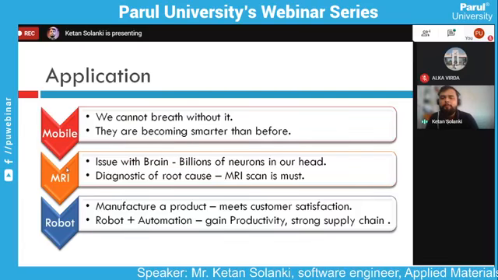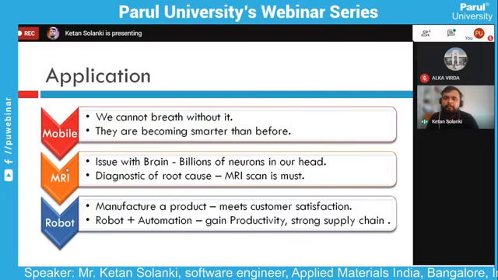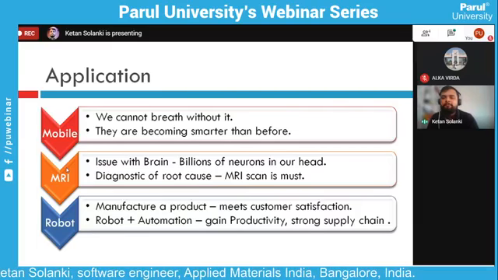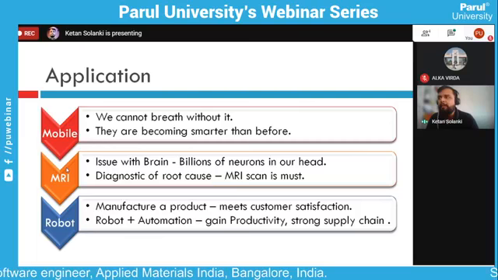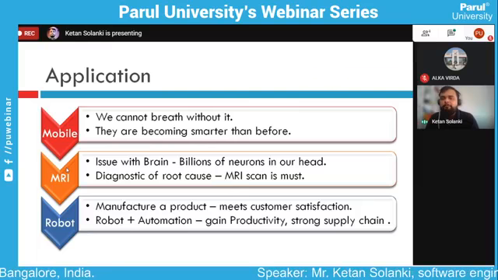We need mobile phones to deal with our day-to-day lives, and they are becoming much smarter than mobiles were 10 or 20 years ago. This is one application point where we require programming skills.